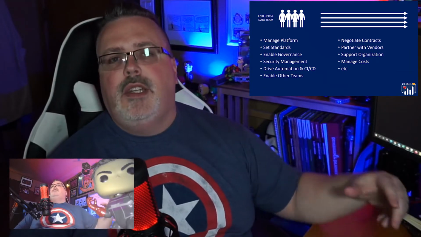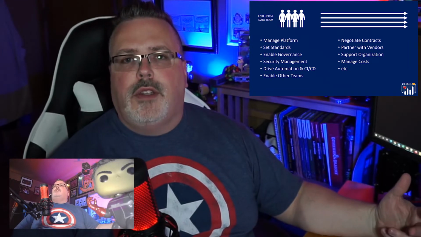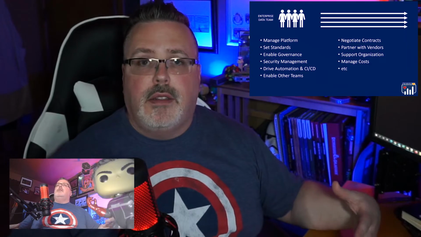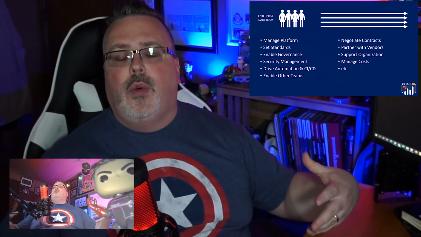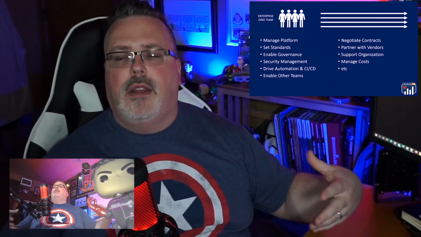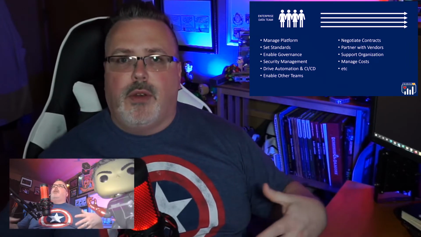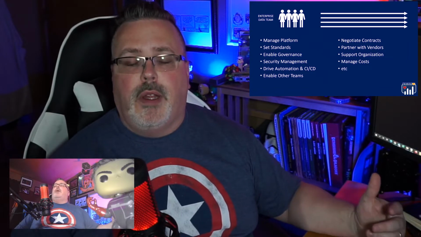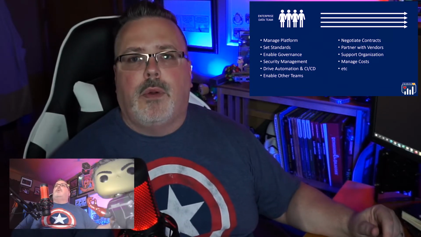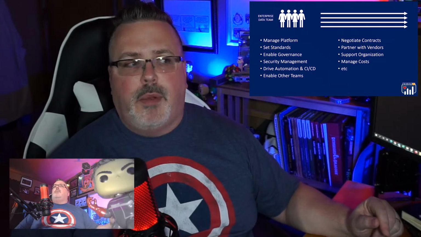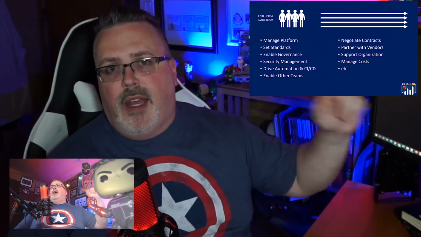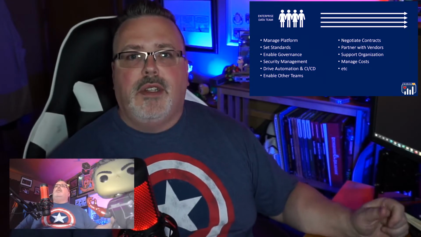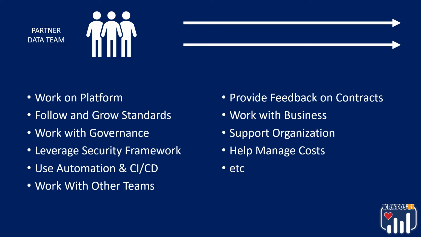And this enterprise team is almost always going to be responsible for managing the entire cost of the platform, at least to some degree. They're the bulkhead that prevents spending from running rampant or running wild. These are also the people responsible for getting the bulk of the funding for the platform. If you're not on an enterprise data team, help those guys out when it comes to funding. They almost always need additional assistance in that.